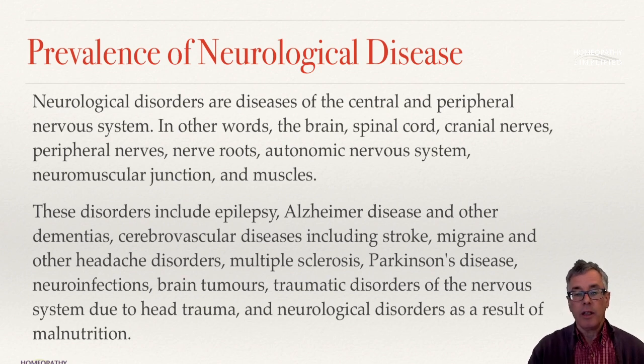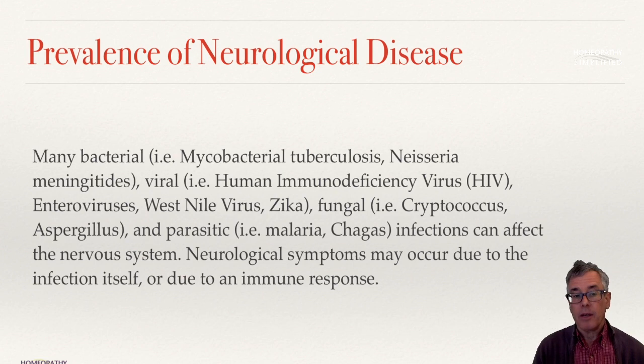And then neurological disorders as a result of malnutrition. There are, of course, many bacterial causes, meningitis, Neisseria, and then viral conditions. In fact, post-COVID virus has been very much a trigger for many neurological diseases.